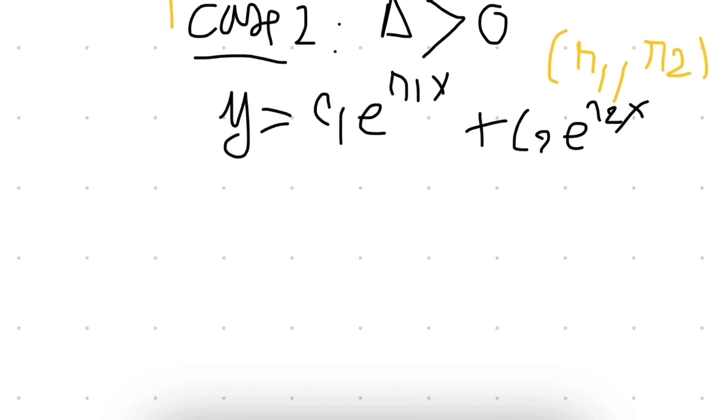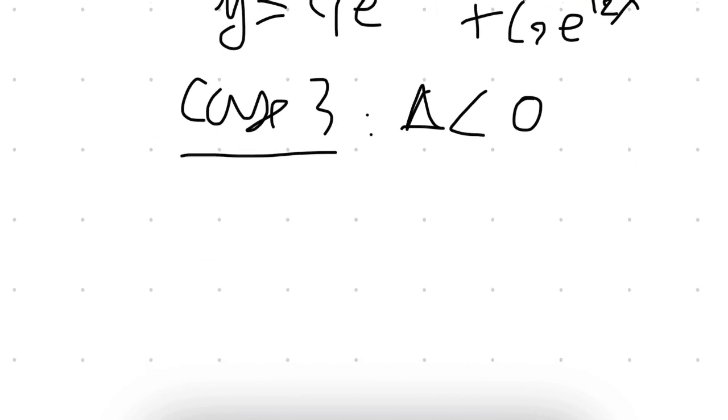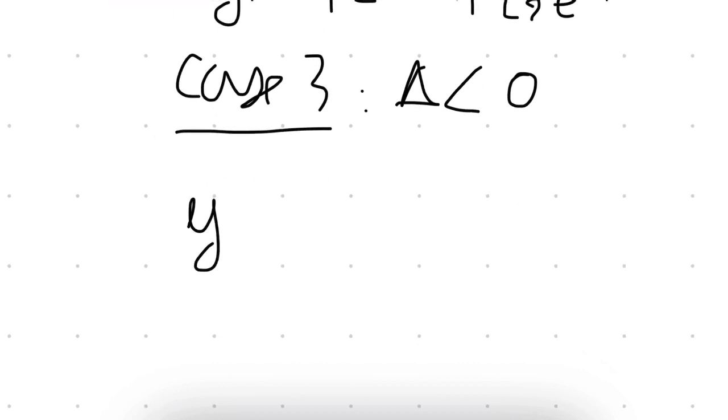Now for case 3, if delta is less than 0, our y is going to be e^(alpha x), and then we're going to use cosine, like an imaginary answer.